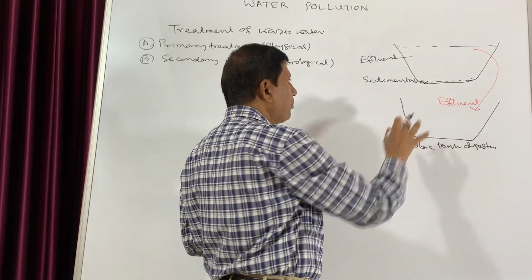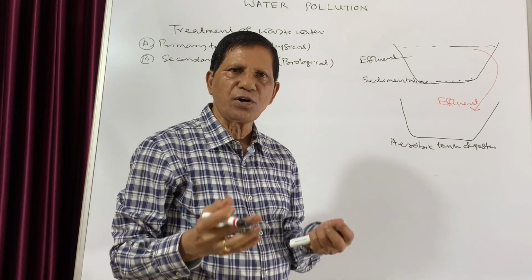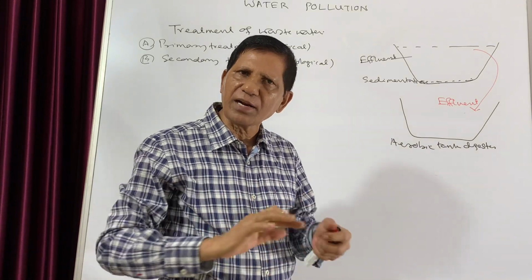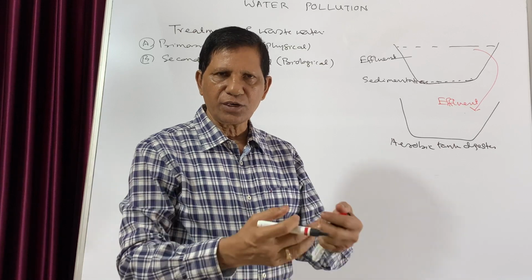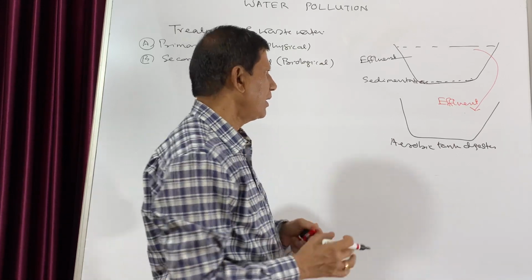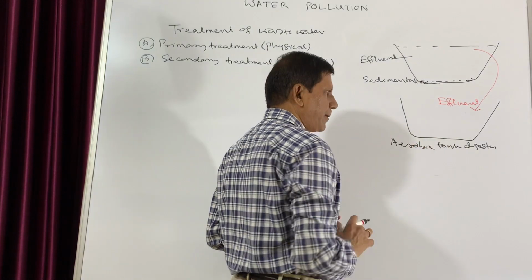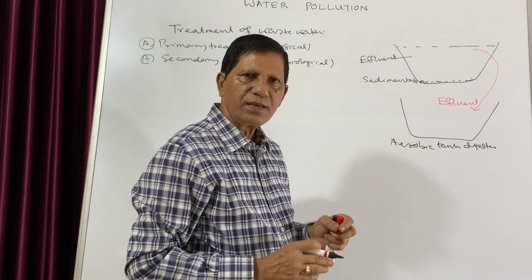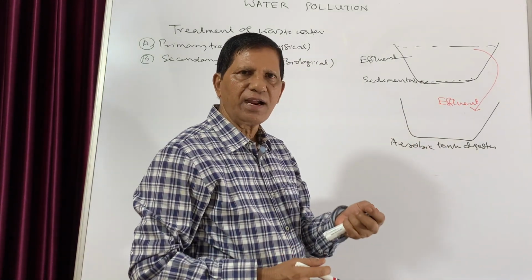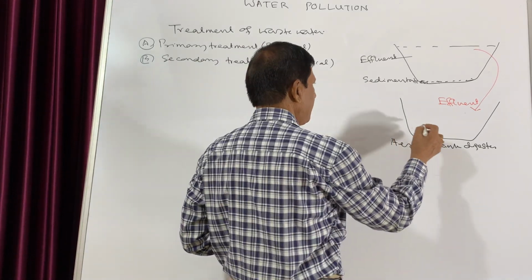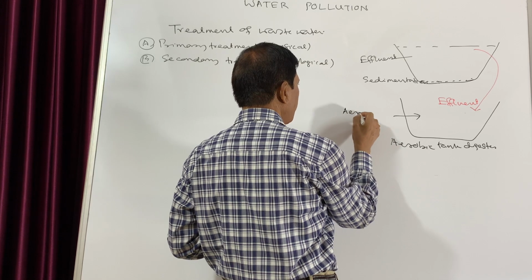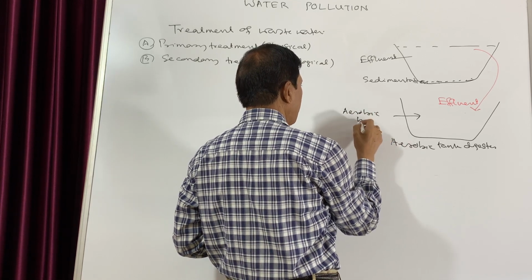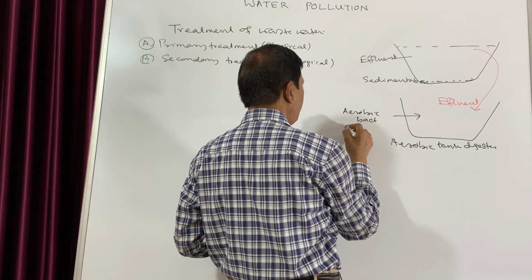So when the effluent, which contains all types of salts, phosphates, nitrates and all other organic substances coming from the domestic and other sewage, is put here, the aerobic bacteria and fungi are added. That is, there will be inoculation of aerobic bacteria and fungi.